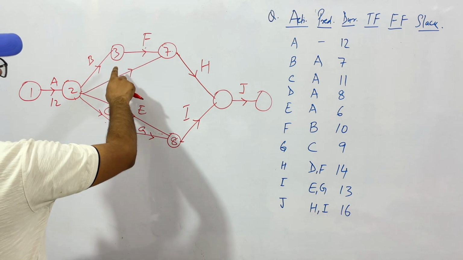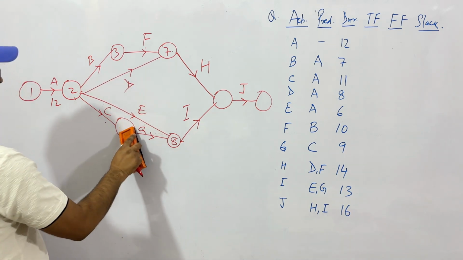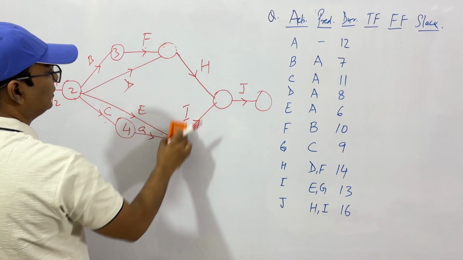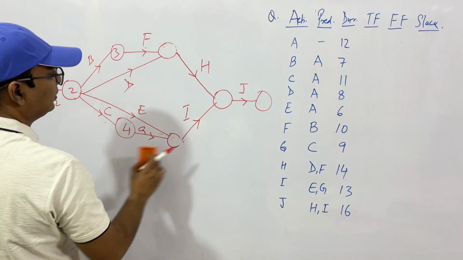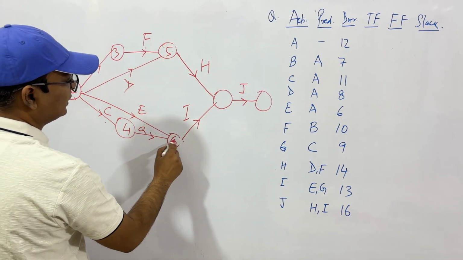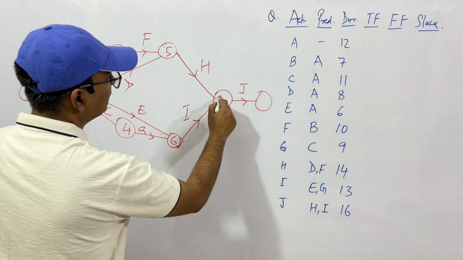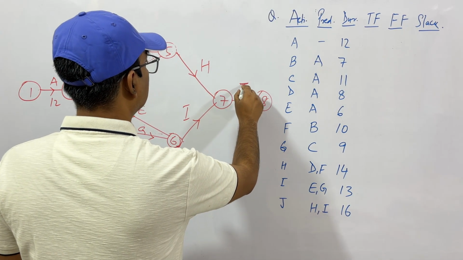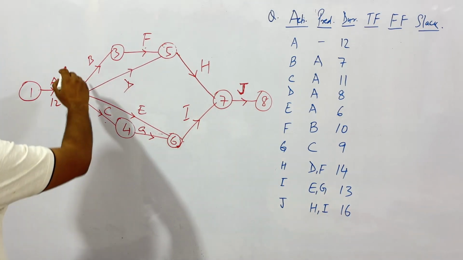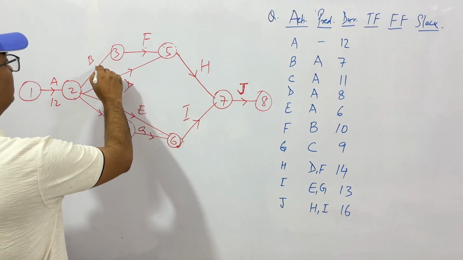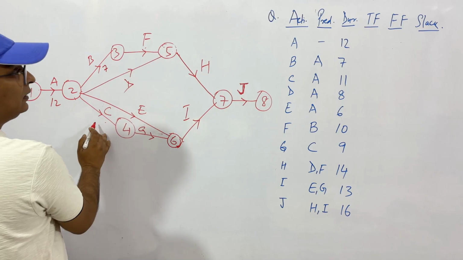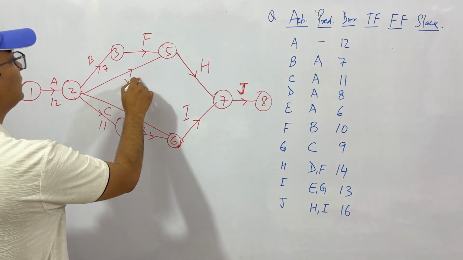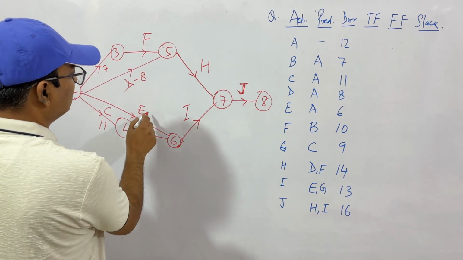1, 2, 3. Let's write it as 4. Then this as 5. So this is 5, this is 6, this is 7, this is 8. Okay, this is J. And A is this, B is 7, C takes 11 weeks, D takes 8 weeks, E takes 6.